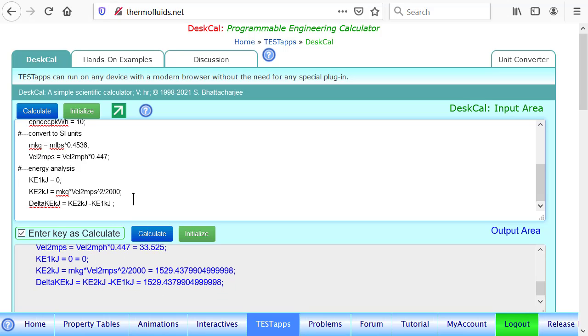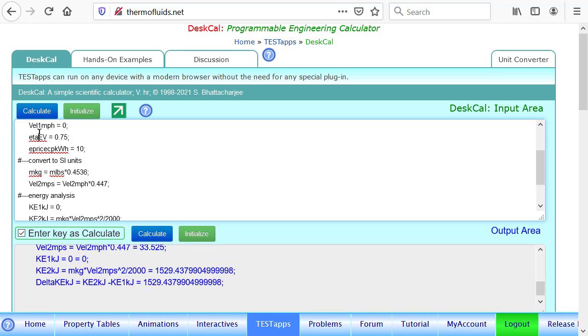So therefore electricity consumed in kilojoule must be the change in kinetic energy divided by the efficiency of the electrical vehicle.